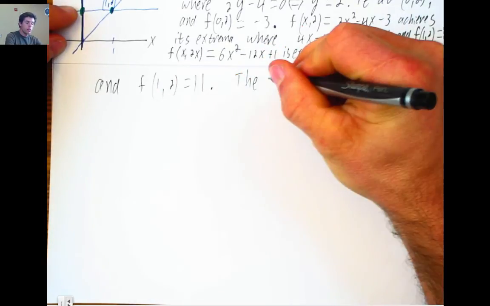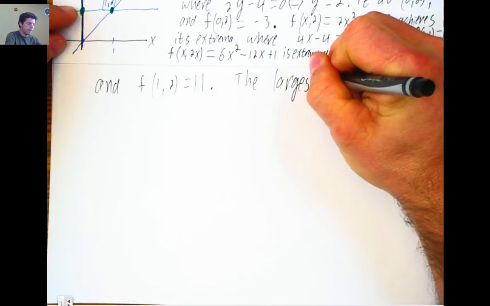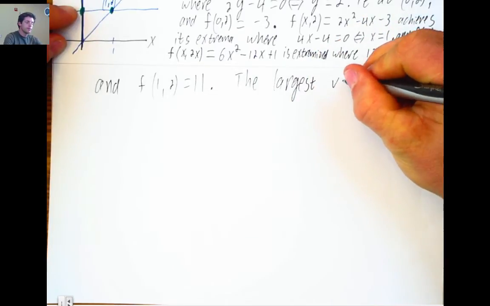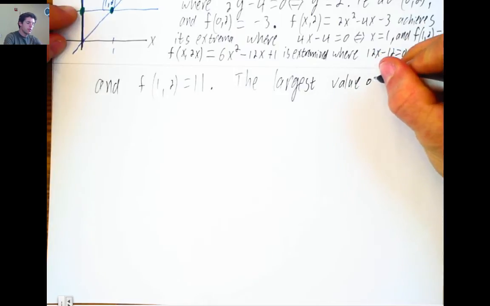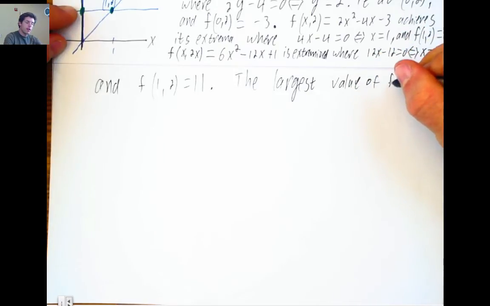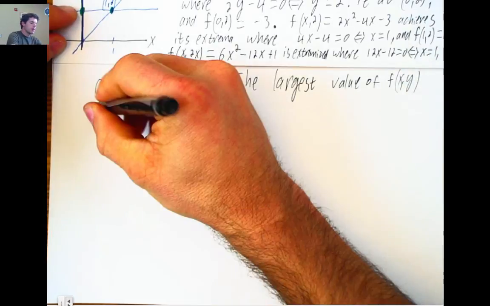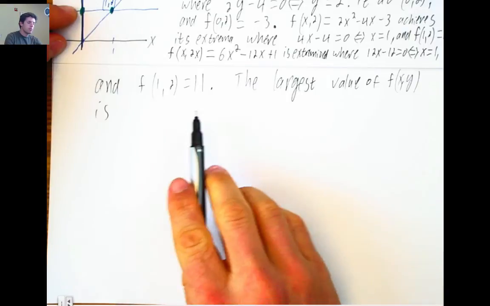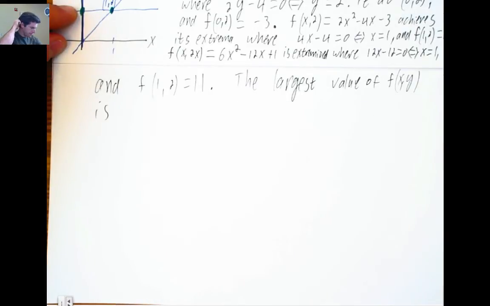The largest value of f is, let's see, what did we find? We found 11 and negative 3. Yeah, so we need to compare those.